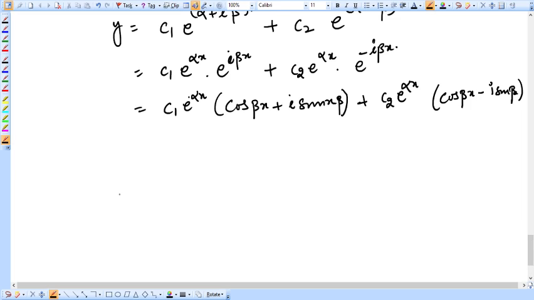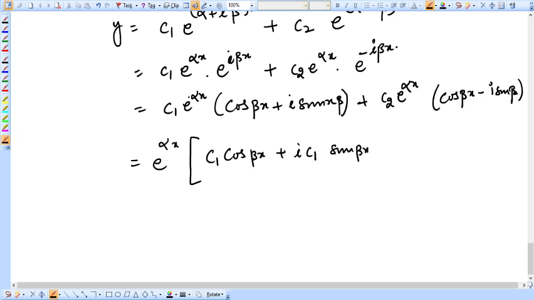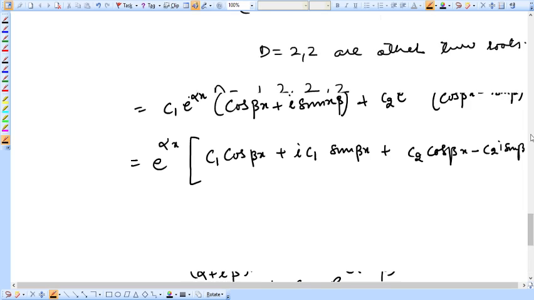Again taking e raised to power alpha x common, we will have inside: c1 cos beta x plus iota c1 sin beta x plus c2 cos beta x minus c2 iota sin beta x.